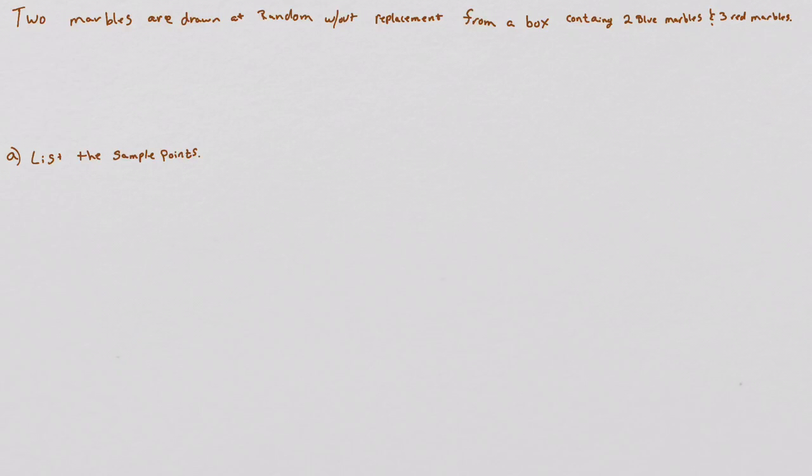And then part A says list the sample points. Sample points, if you remember, are possible outcomes. Well, the first thing I need to do is set up some sort of definitions because I'm not going to keep writing red and blue. For each marble, I know I have a total of 5 marbles. There's going to be one blue marble, so I'm going to call that B sub 1.